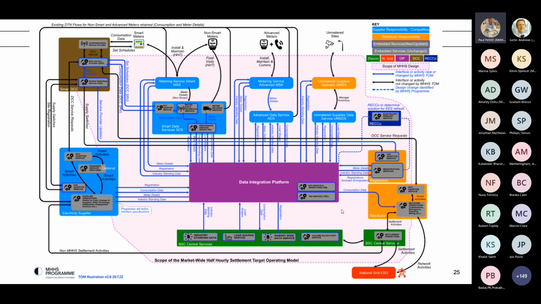So the DIP in the middle, this event-driven architecture. Some things about that. Interfaces are referred to in a lot of the documentation as an interface or a publication. Simply put, an interface is an inbound flow, an inbound message to the data integration platform. A publication is that message coming out the other end.